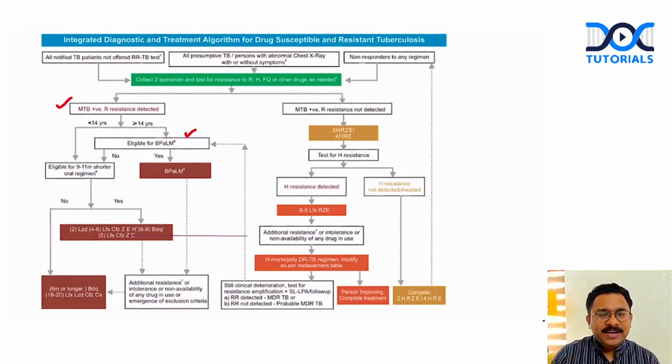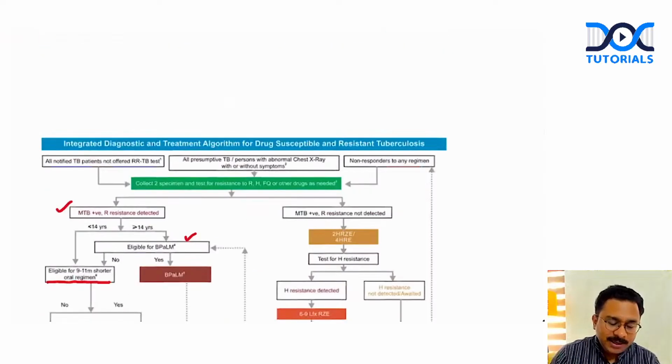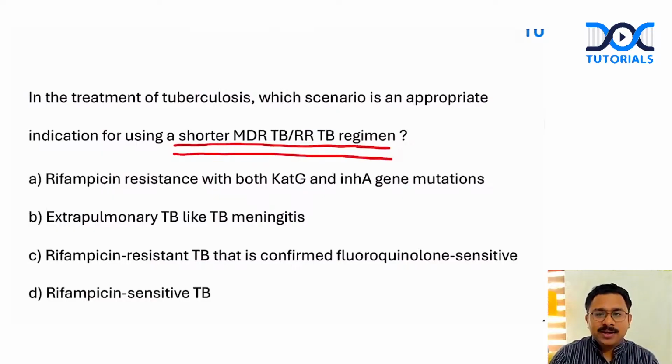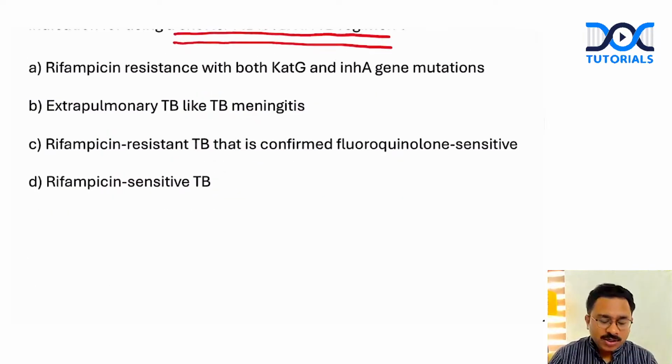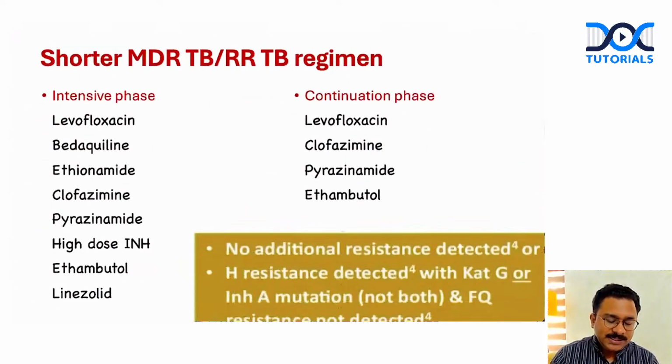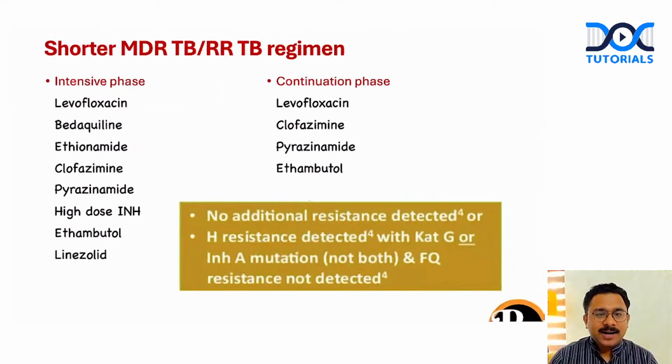If the patient is not a candidate for BPAL-M regimen, the next thing you should look for is the eligibility for the shorter oral regimen. The question is asking about the eligibility for the shorter oral regimen. This is the shorter MDR-TB, RR-TB regimen, which consists of an intensive phase and a continuation phase. In detail, I have explained this regimen in the lectures.